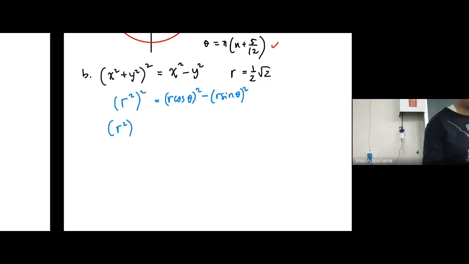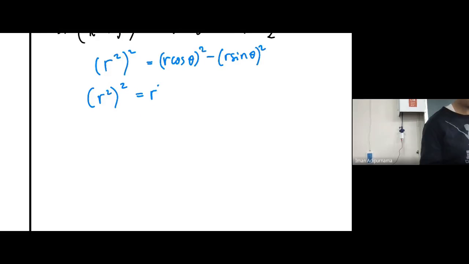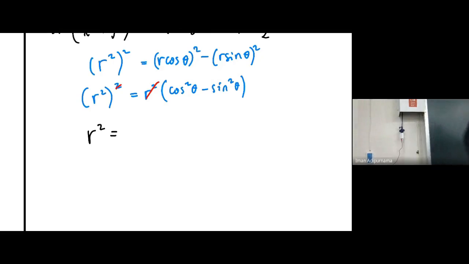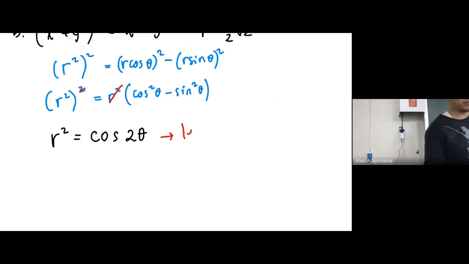So let me just write r squared squared, and then this is r squared times cos squared theta minus sine squared theta. Okay, and I can cancel this, so the form becomes r squared equals cos squared minus sine squared, which becomes cosine 2 theta, right? And this is the form for a lemniscate.